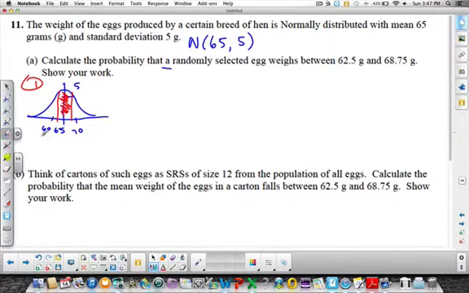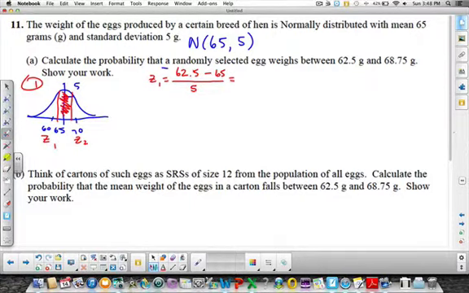And we actually need to find 2 z-scores here. We need to find the first z-score and the second z-score, and then we're going to calculate the probability that z falls in between those 2 values. My first z-score, not 60, but 62.5 is that first value. 62.5 minus the mean, 65, divided by the standard deviation, which is 5.